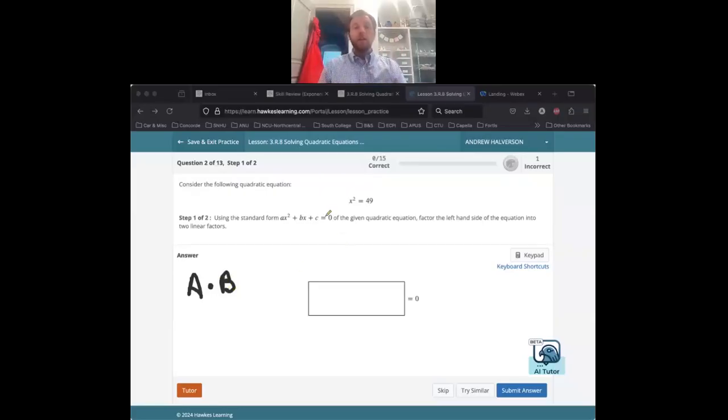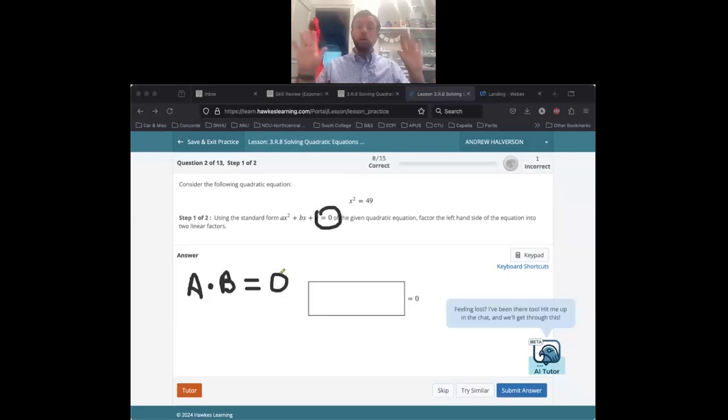In this case, we want to set it equal to 0. If we have the product of two numbers where the product is equal to 0, what must be true? We have two numbers, A and B. We don't know what they are, but we can surmise what one of them has to be.